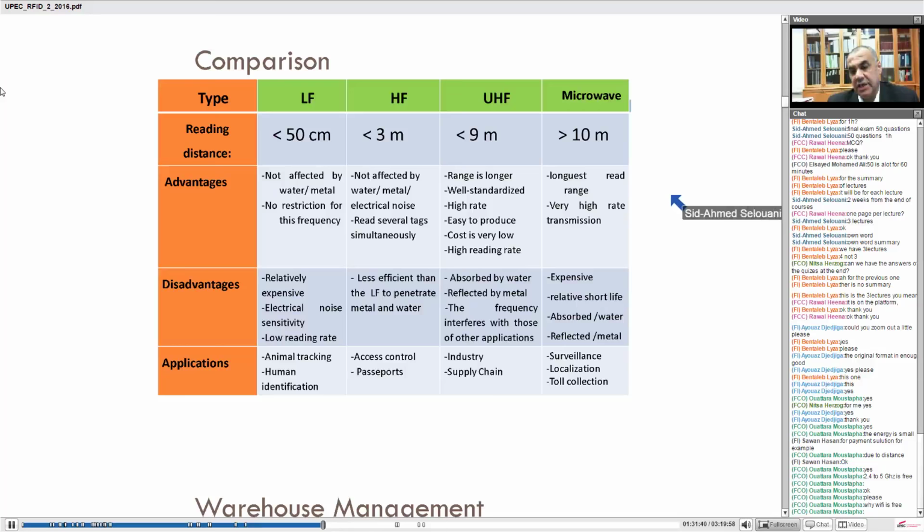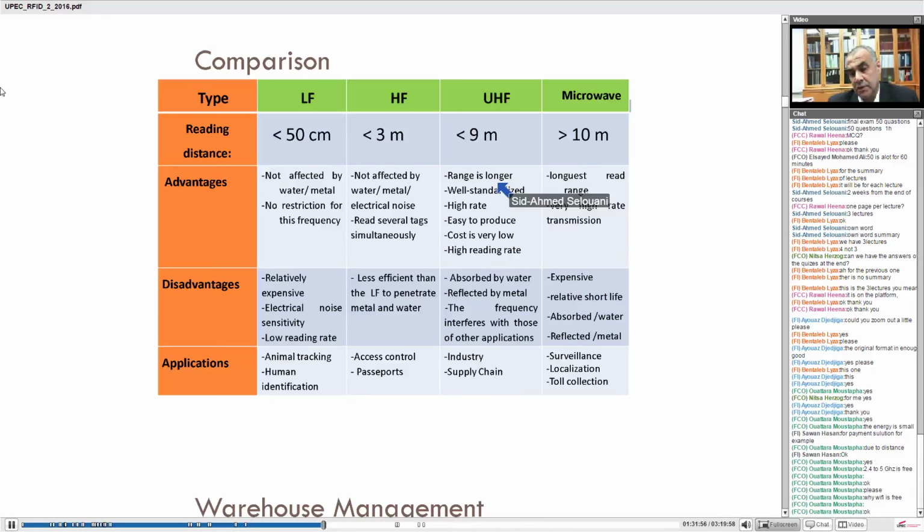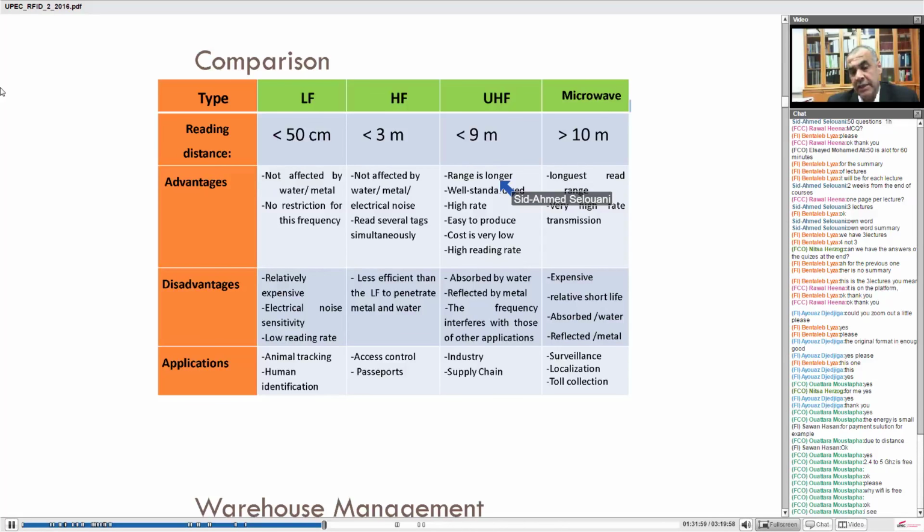Why is Wi-Fi free? Because it is used inside. But if you are using RFID, usually it's to do business with others, and if you do business with others, you have to inform about that.